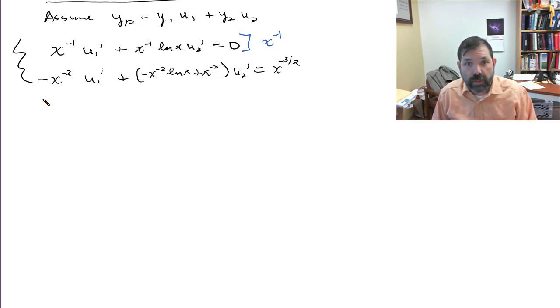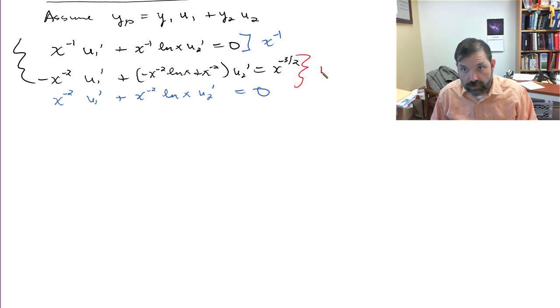Then that will give me an x to the negative second u1 prime plus an x to the negative second natural log x u2 prime is equal to 0. And let's add those equations together.